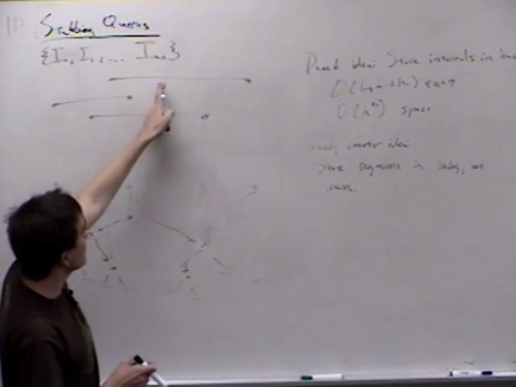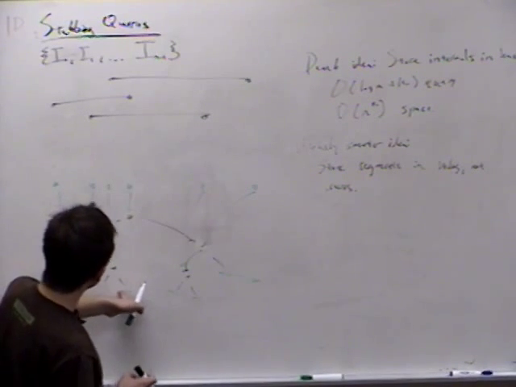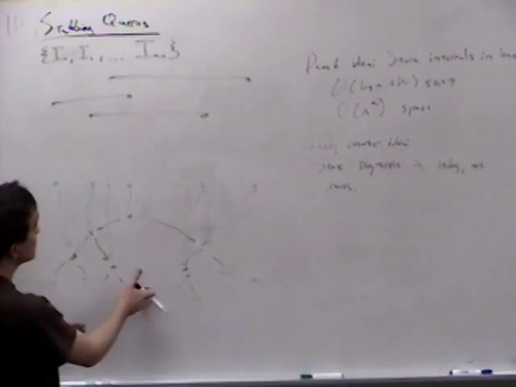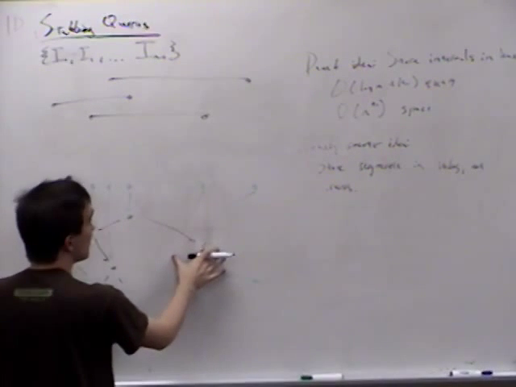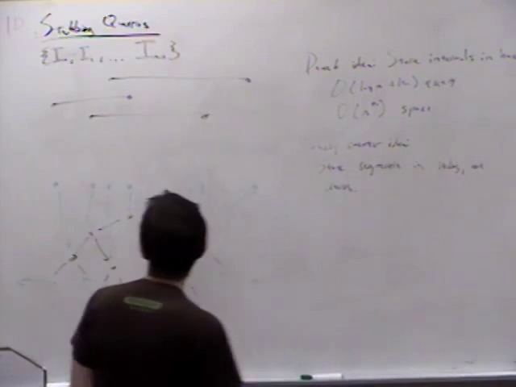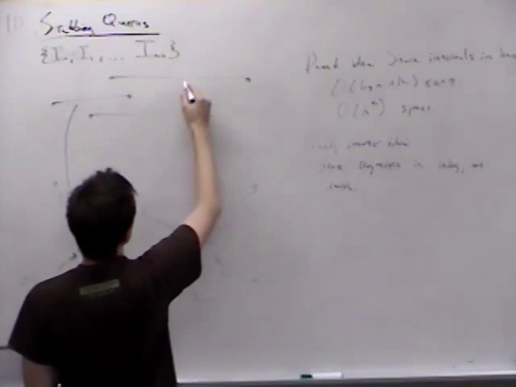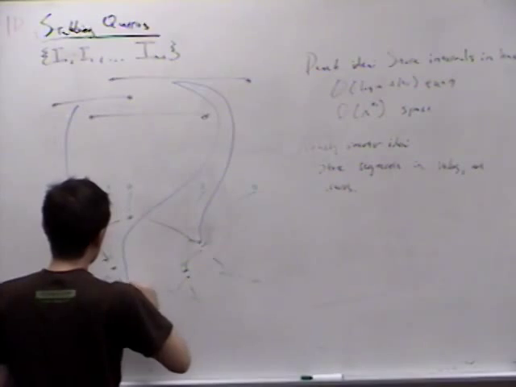Similarly, for this segment here, right, I could look at it as covering this interval down here, and then also these intervals. So I could store this segment here in this leaf node plus the node for this tree, right? So I'll draw the pointers for these things in this way. So stored there. This whole segment would get stored down there, and it would have another pointer down there.